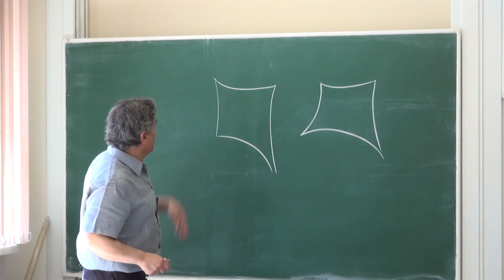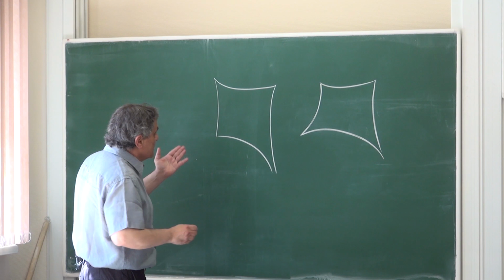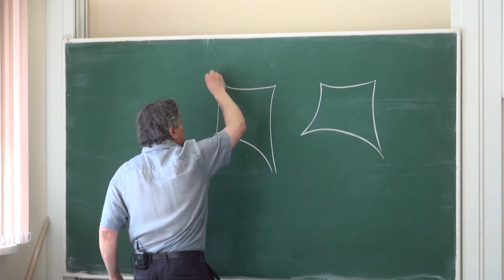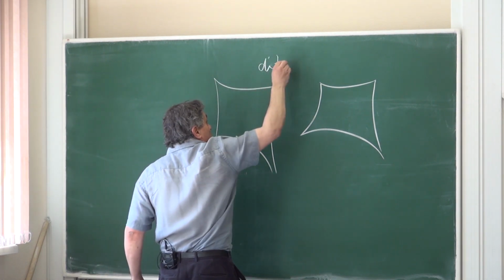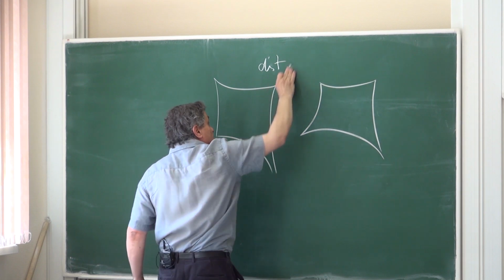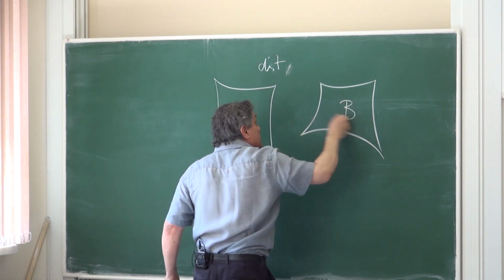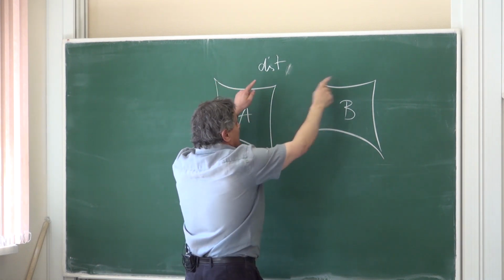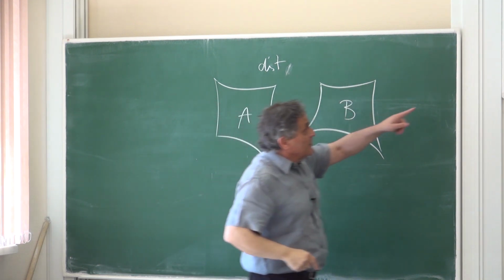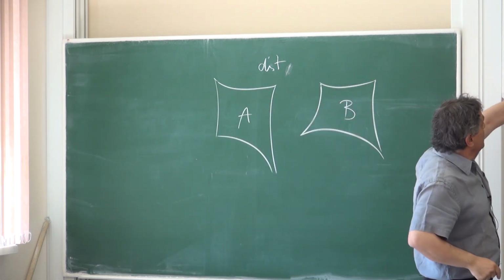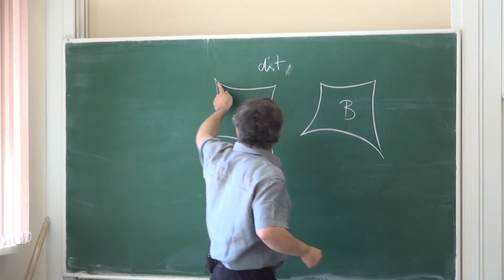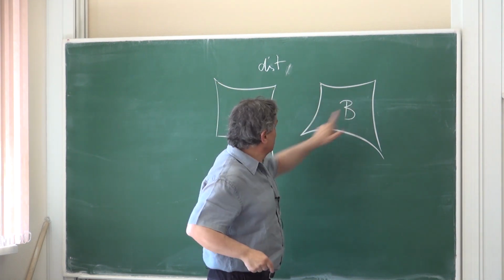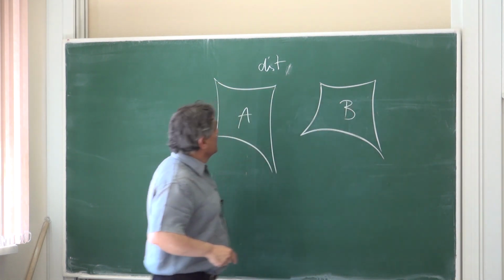So we have these two ideal polygons, and then the distance between them, this is polygon A, this is polygon B, and then I have a fixed correspondence between the vertices. I know which vertex corresponds to which vertex. This is the marking.